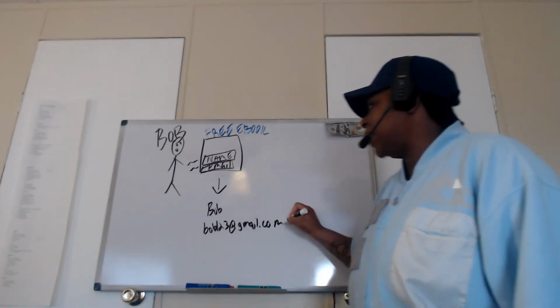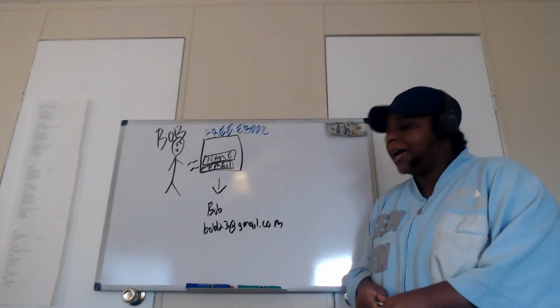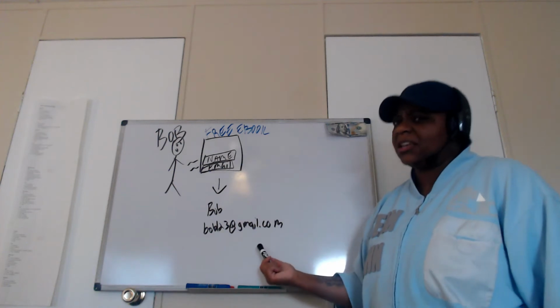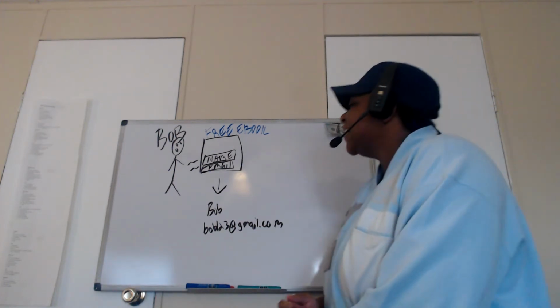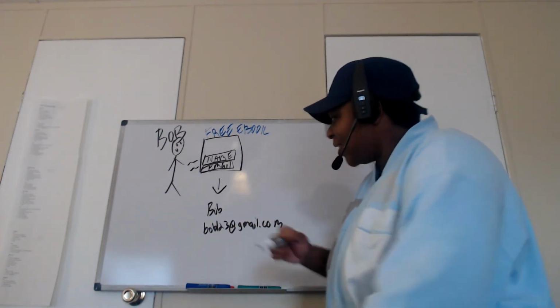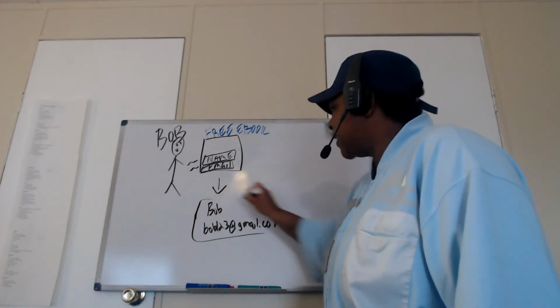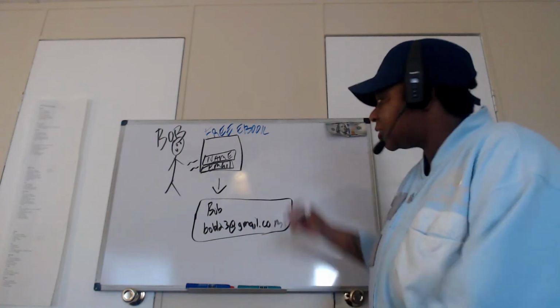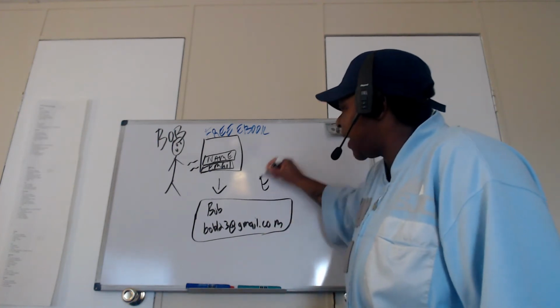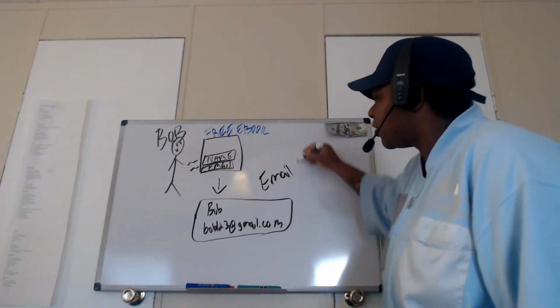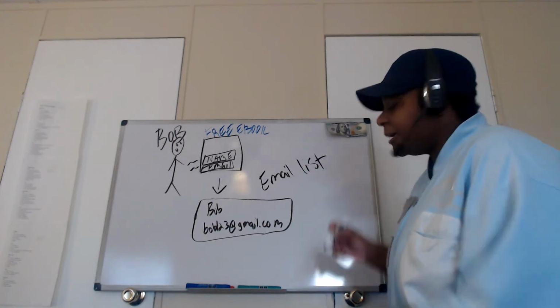Now that's not a real email address, not one that I know of, so don't go trying to email Bob, okay? But now you have this information that dropped down, and it is now stored into what's called an email list, okay? And this is literally how you'll start your email list.